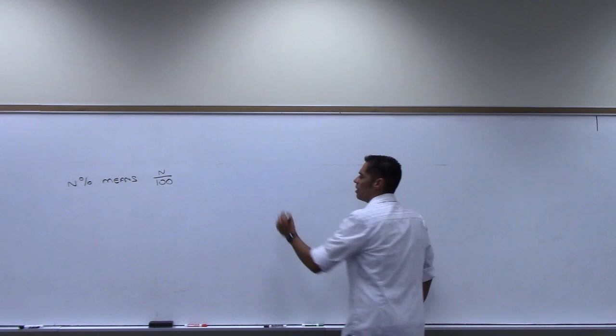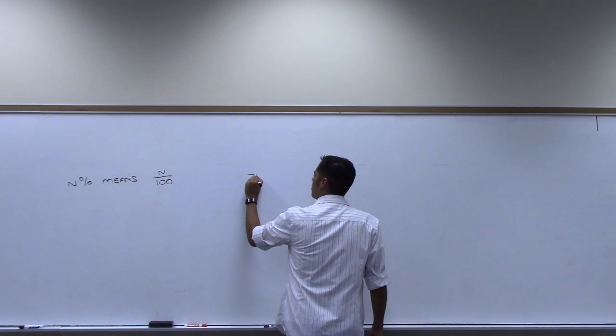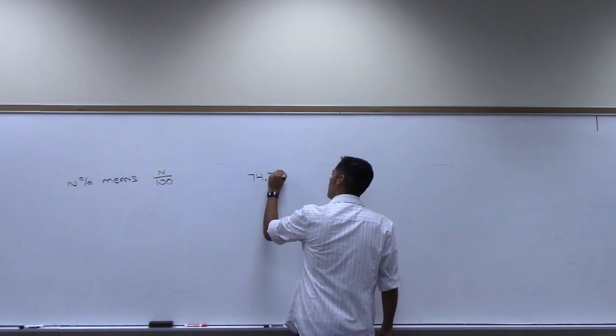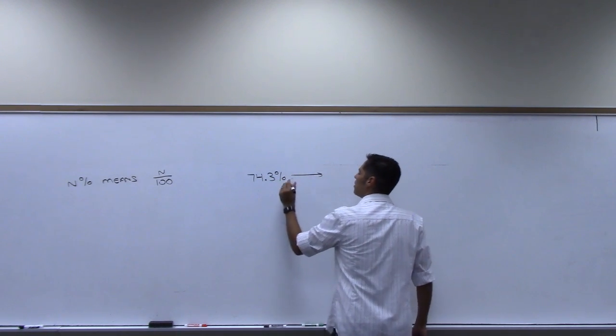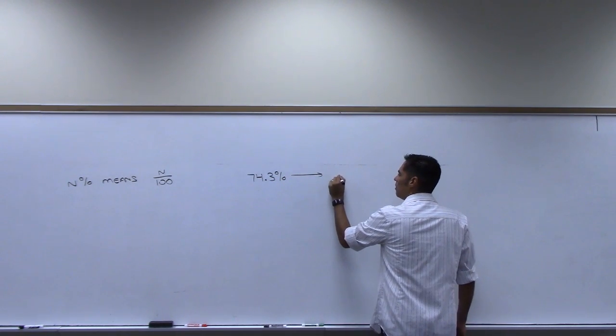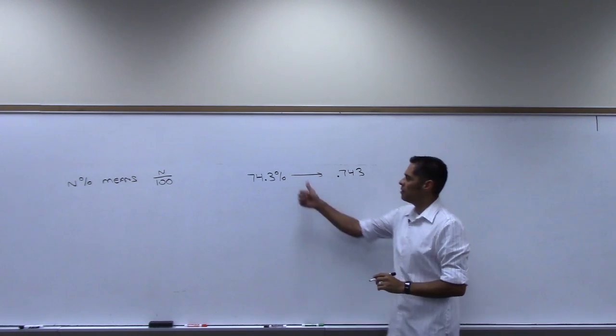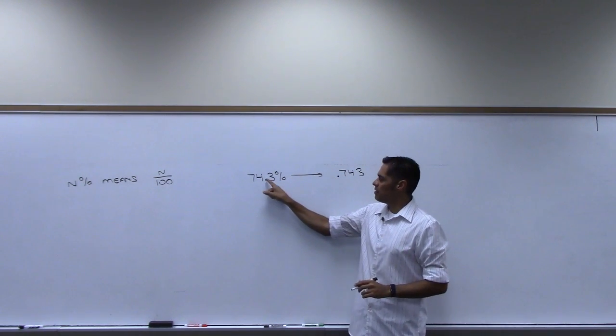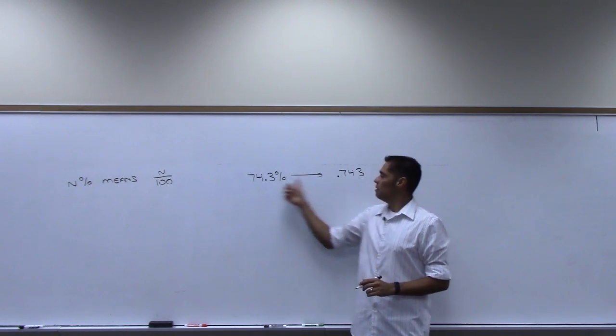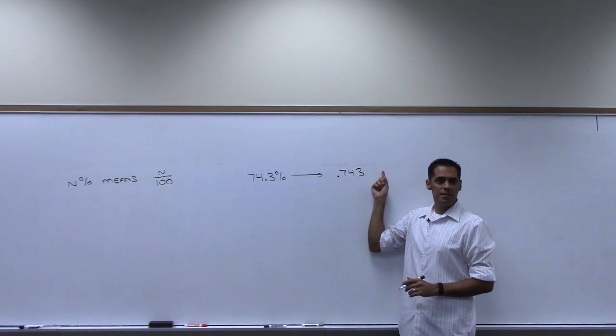And remember that if you have a percentage, 74.3%, and you want to convert that to a decimal, it would be 0.743, right? So to go from percent to decimal, you move the decimal point 2 places to the left, and then rewrite it without the percent symbol.